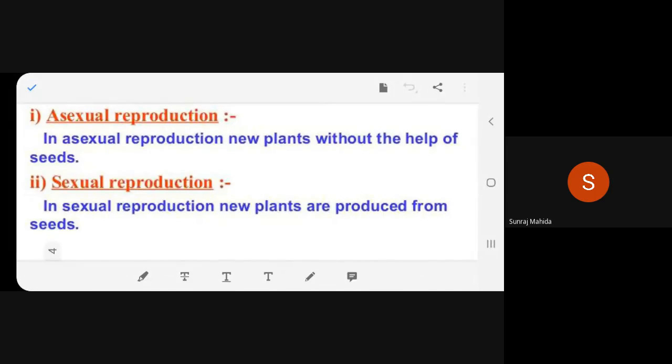In asexual reproduction, seeds are not required, but in sexual reproduction, seeds are required. You understood? That's the only difference. So seeds are the main feature. In sexual reproduction, seeds are required. In asexual reproduction, seeds are not required.